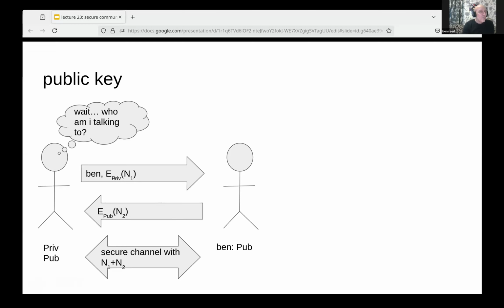So anybody could decrypt N1, or I'm sorry, anyone who sees N1 knows it came from me. And then anybody could have generated this message with N2. Only I can decrypt it, but anyone could generate this message. So Ben doesn't know who they're talking to, but the server does know that they're talking to Ben.